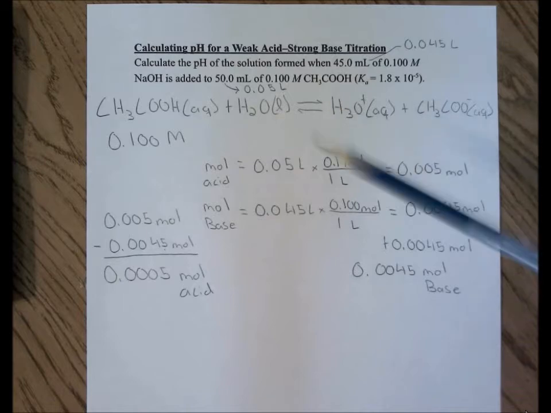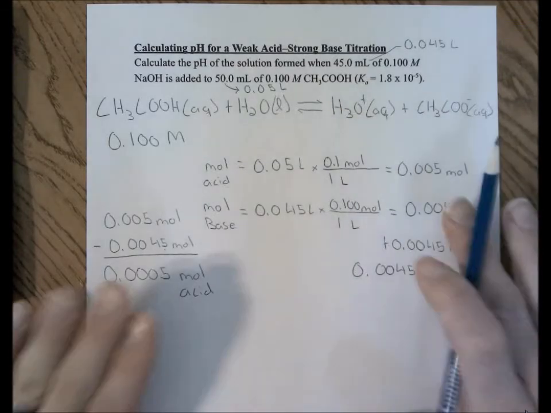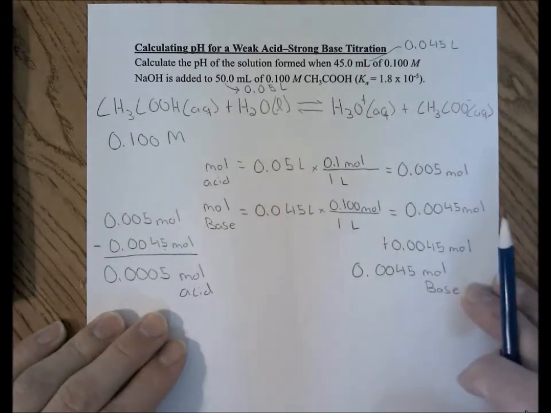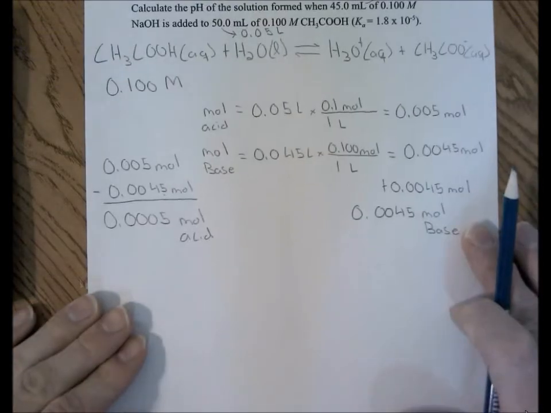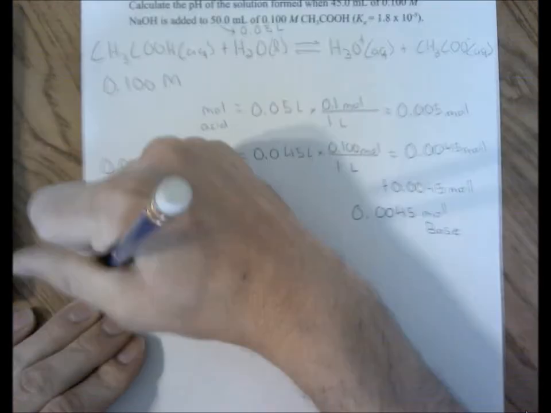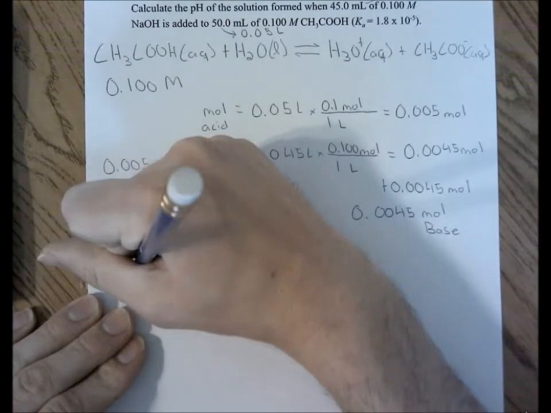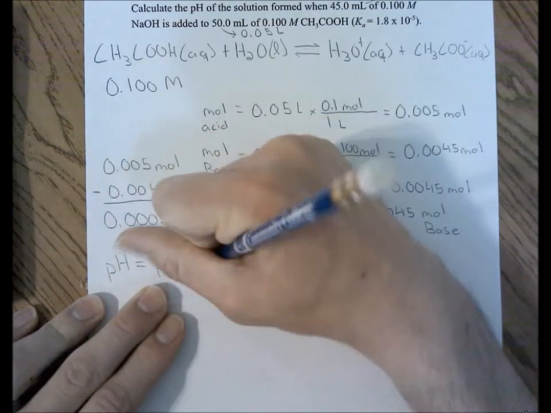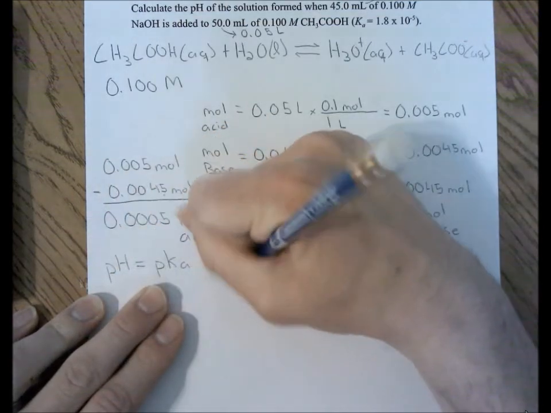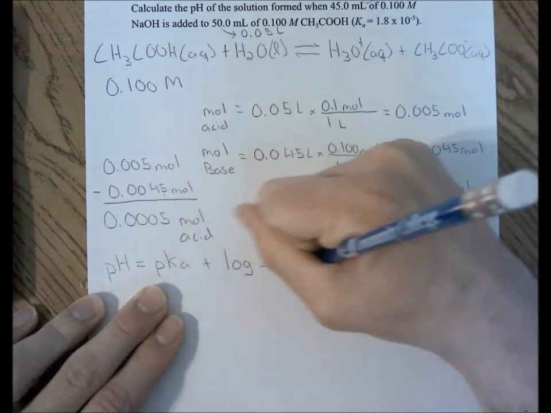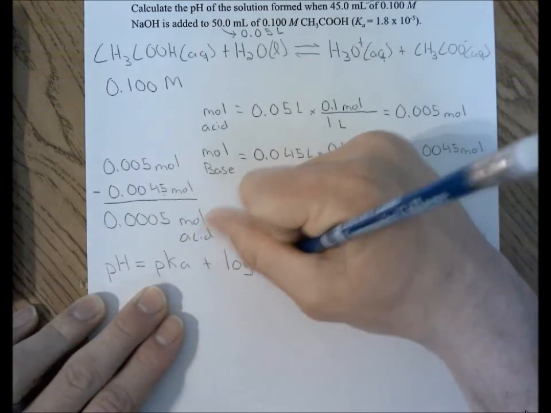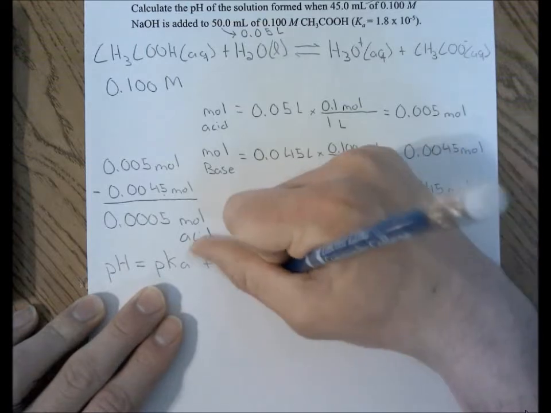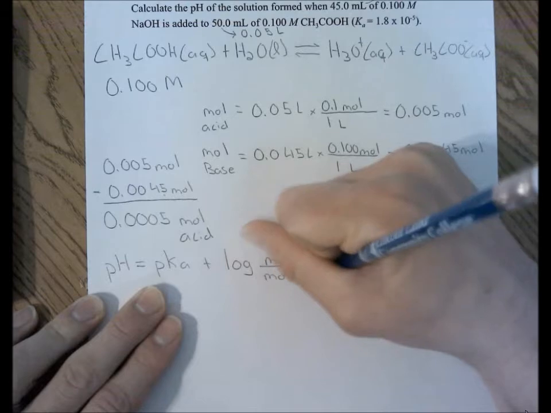So what we can do for this titration, because we have moles, is utilize the Henderson-Hasselbalch equation, so our pH is equal to our pKa plus our log. In this case, the log can be the number of moles of base divided by the number of moles of acid.